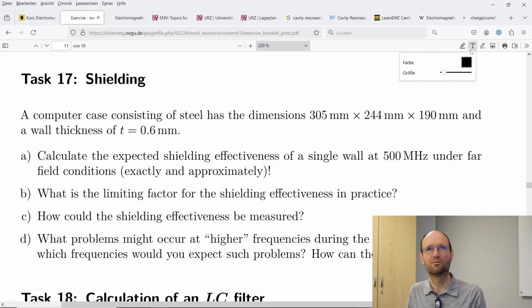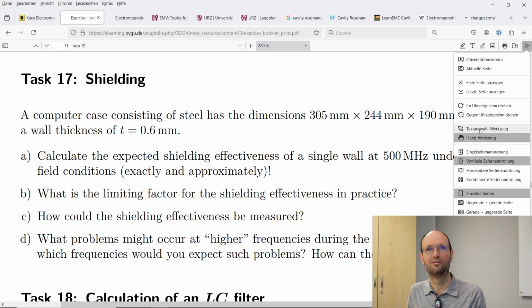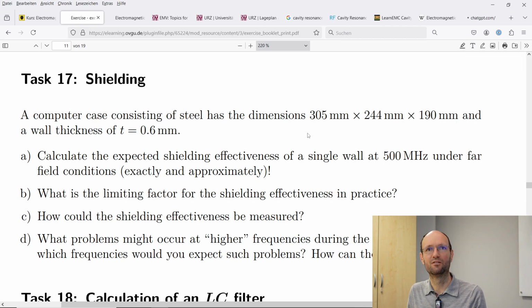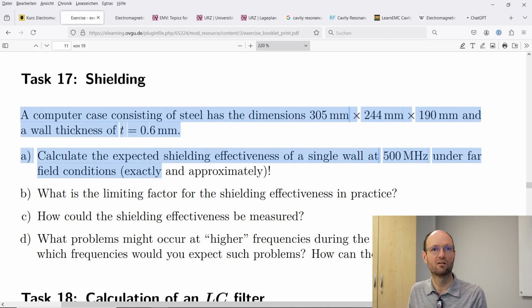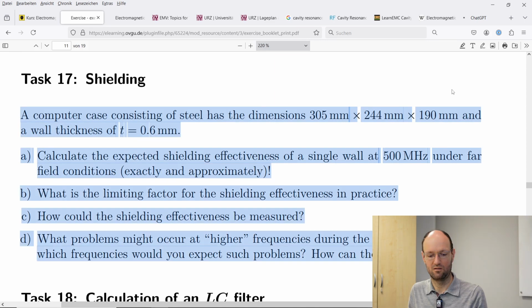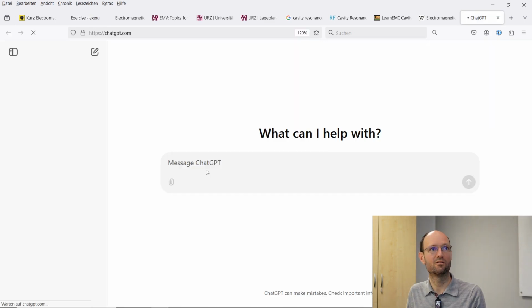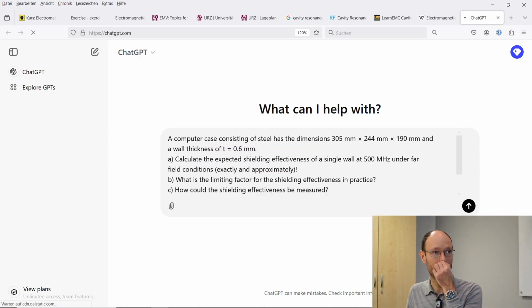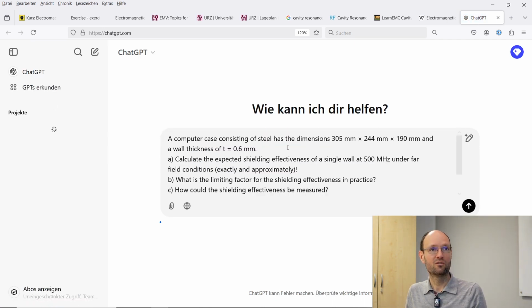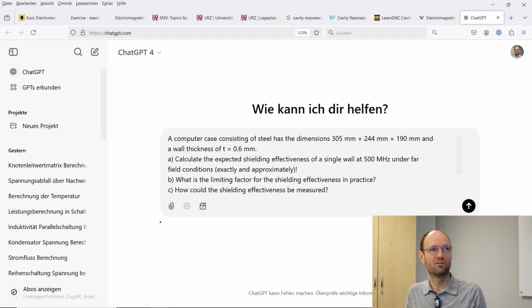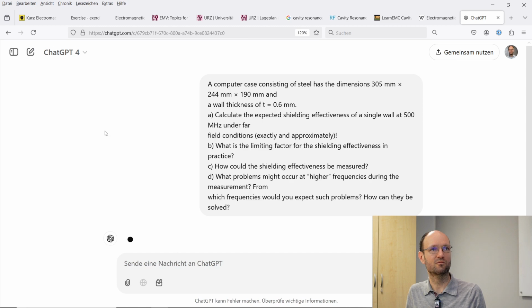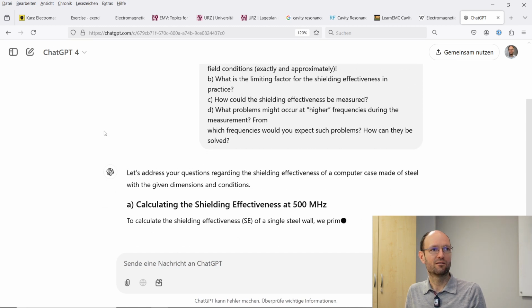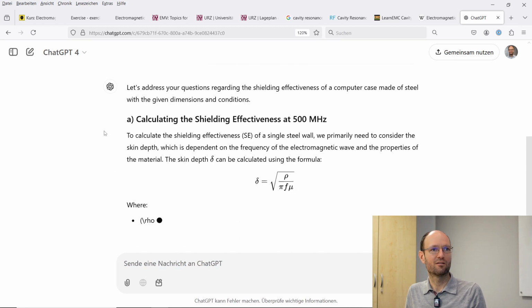Yeah, so this is the right tool here to select text. And let's copy this, and there's ChatGPT, and we will message ChatGPT and ask, we have this computer case, we have these dimensions, what to do and what not.